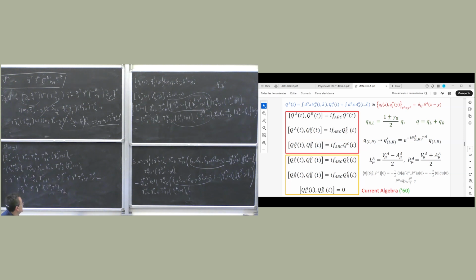Let us see if this is correct. I have two contributions, this and this: the one in the first row and the one in the third row that has a minus sign. And this is this minus sign. So what do we have here? We have q bar y multiplied by the matrix gamma mu.